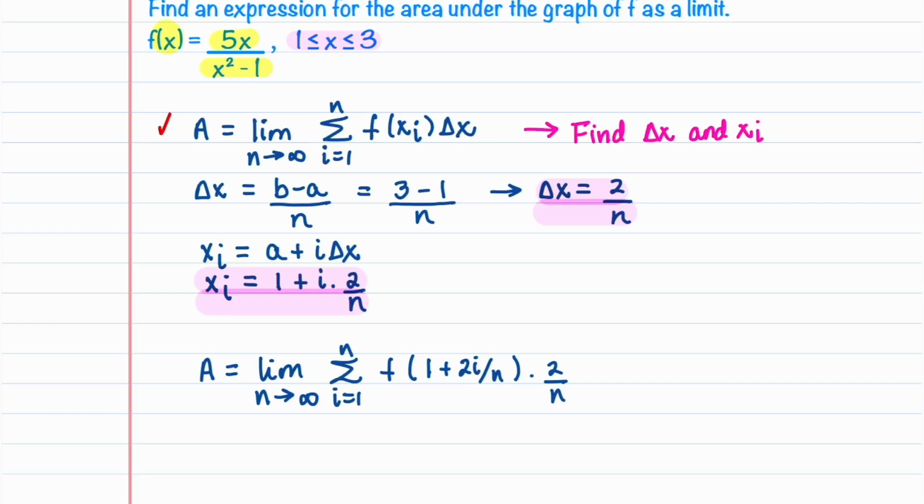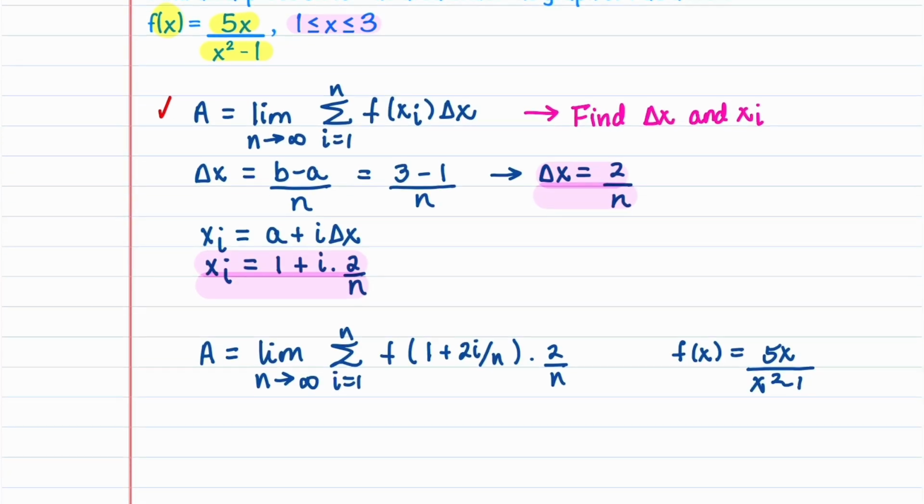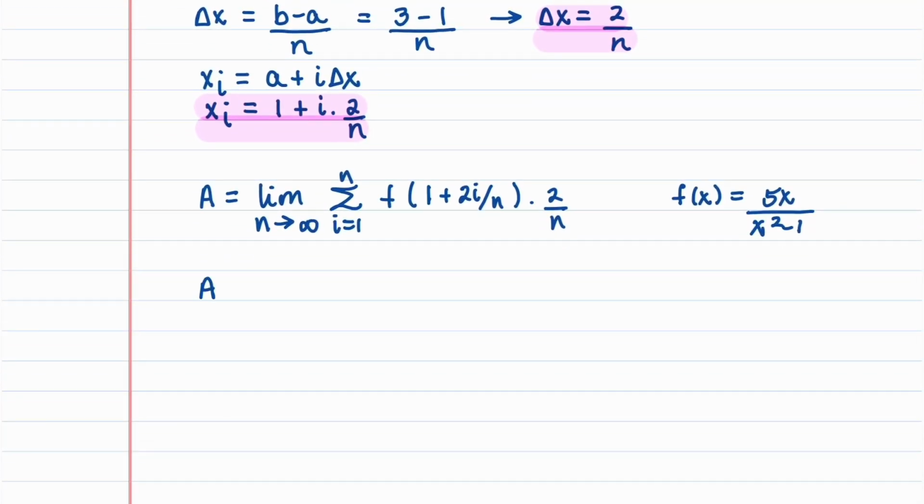Now we're going to substitute in that f of x is 5x all divided by x squared minus 1. This gives us A is the limit as n goes to infinity, the sum i goes from 1 to n, and now we're going to substitute in 1 plus 2i over n for each value of x.